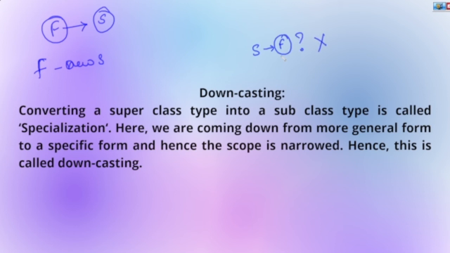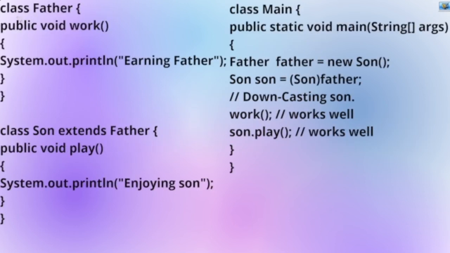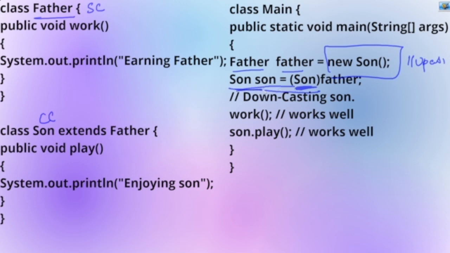So let us see it with an example. Now here you can see class Father, that is the superclass, with a work method, and the child class extends Father, with void play, enjoying son. Now the father can create a new son. So this is what? Upcasting. If you want to do downcasting, then you are going to write something like this. So this is downcasting.